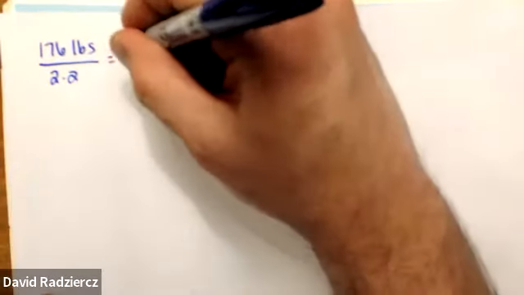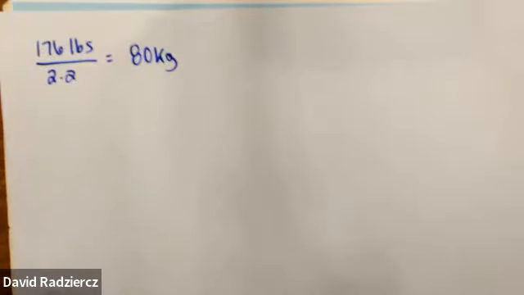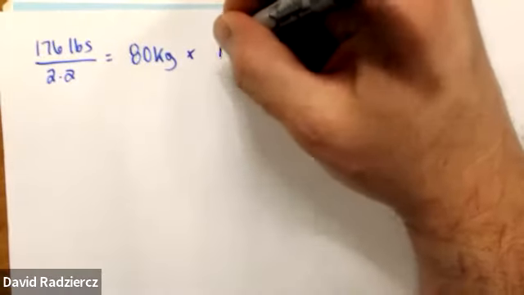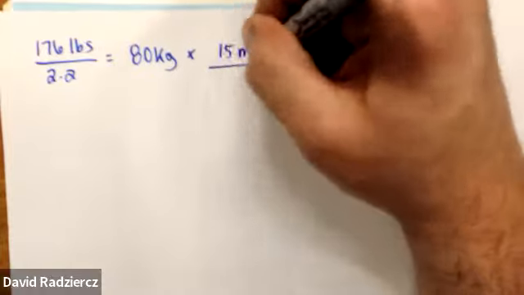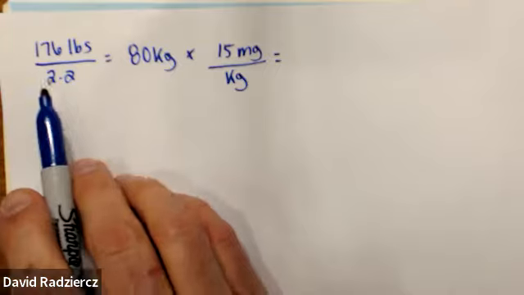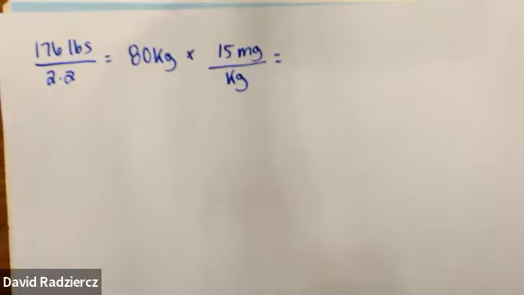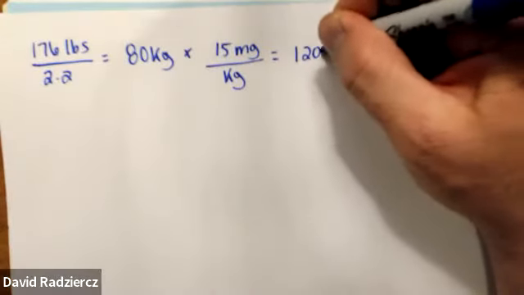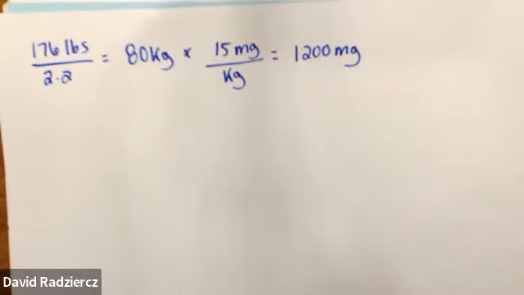Yeah, 80 kilograms. Then, because this is what is called a weight-based calculation, we're just going to multiply by the 15 milligrams per kilogram. So step 1, convert pounds to kilograms. Step 2, 80 times 15. And then your answer is 1,200 milligrams. That's what you'd give as the loading dose for this particular example.